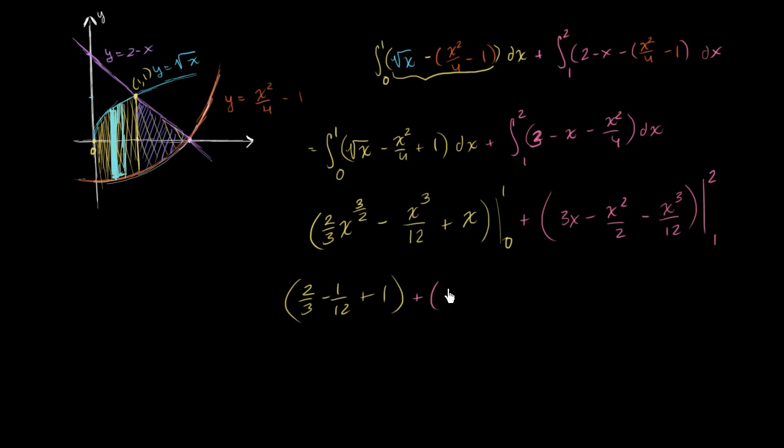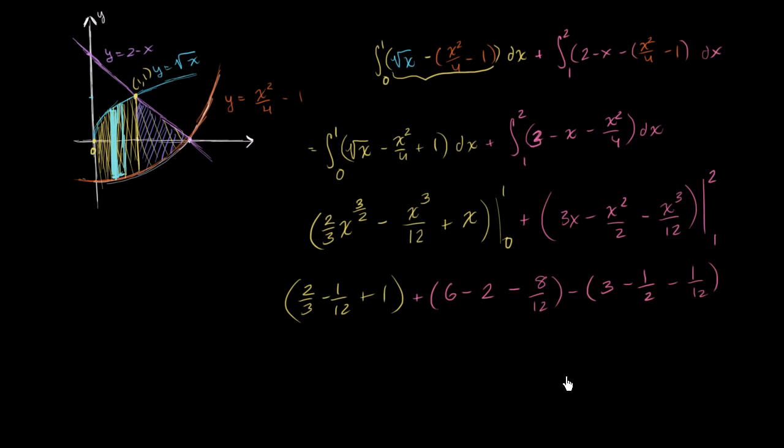You get 6 minus 2 squared over 2, which is 2, minus 8 over 12. And then from that, you're going to subtract this evaluated at 1. So it's going to be 3 times 1, it's 3 minus 1/2 minus 1 over 12.